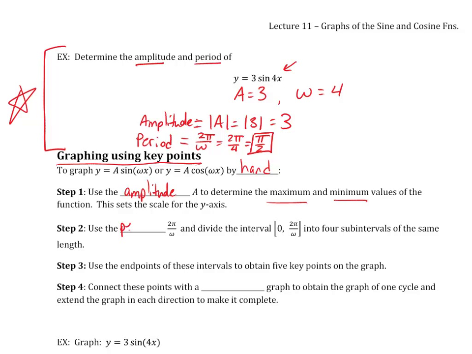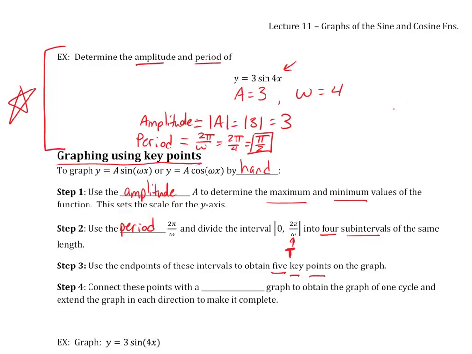Then you use the period, which we also know how to calculate, thanks to our previous theorem, and divide the interval that goes from 0 to whatever this period is, which I can call T. Whatever this value is here, mark that off on your x-axis and divide it into 4 subintervals, and use the endpoints of these intervals to obtain 5 key points on the graph.